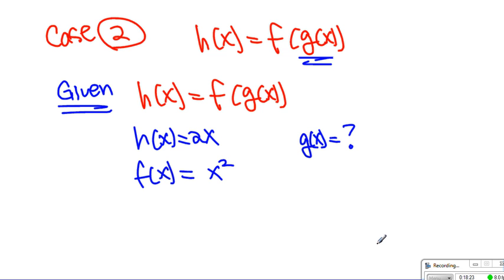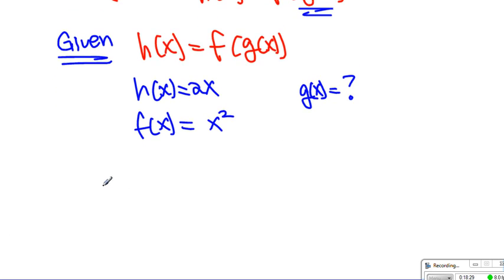Now, one way which we can do this, let's try to plug them in and then see what happens. So first we have 2x in place of h of x, which is equal to g of x going into the function f, but function f here is x squared, so we'll end up getting g of x squared.